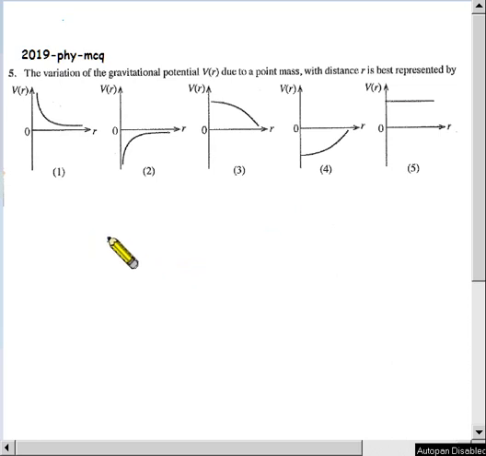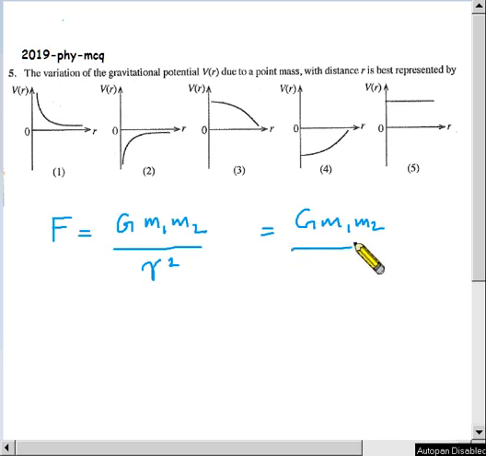So I would like to do a little revision to remind you of the equations that we use in the lesson gravitational field. First of all, at the beginning we learn the equation for gravitational force, that is Newton's equation: G m1 m2 divided by r squared, or sometimes we write d, G m1 m2 divided by d squared.